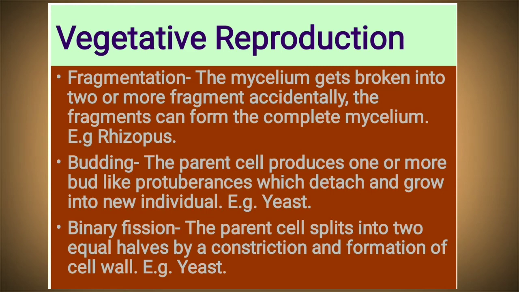That means the nucleus divides equally by an equal constriction right at the middle of the parent cell, and that leads to the formation of two daughter cells. Therefore, it is called binary fission, fission meaning breakage. So these are the three common methods of vegetative reproduction done by the fungal body.